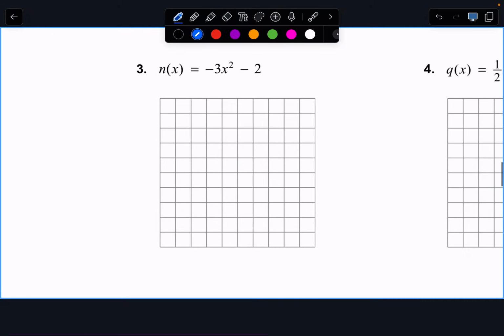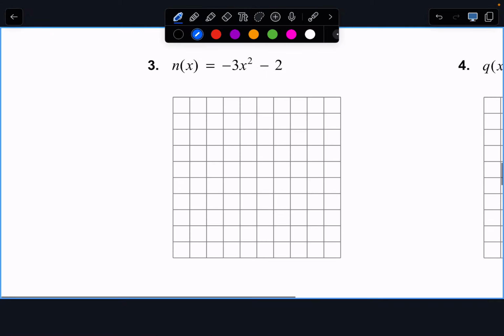All right, let's talk about number 3. We have 2 different numbers in this equation that are affecting our graph. First of all, from yesterday, what is the negative doing? It's reflecting.